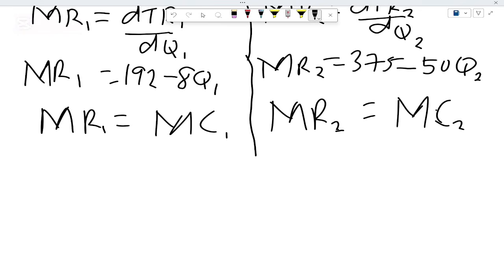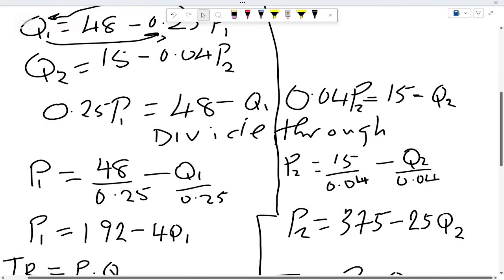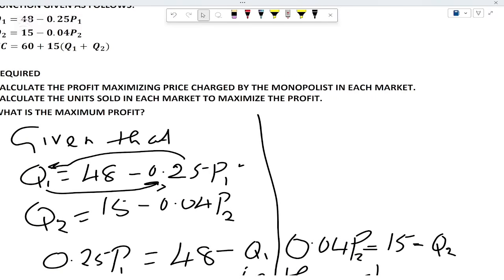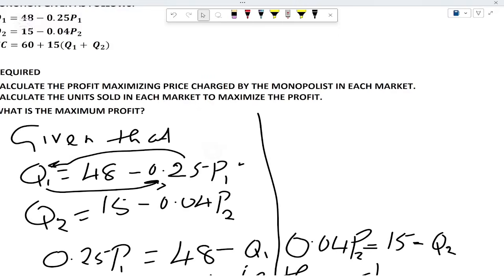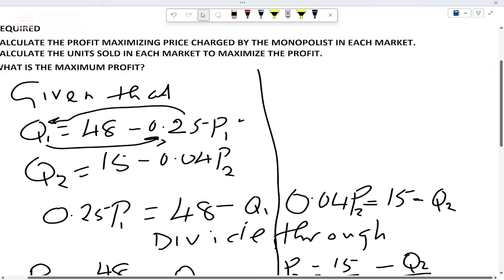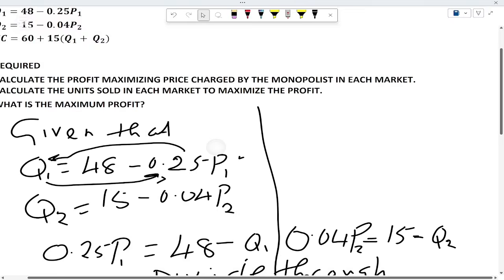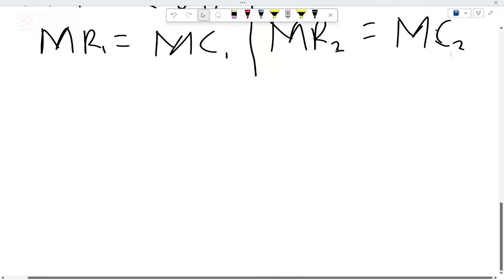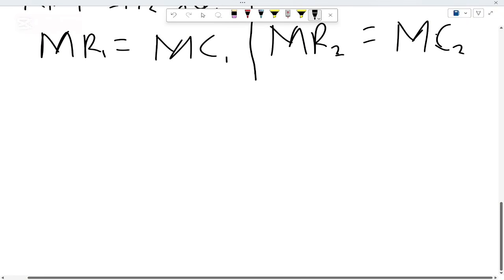You will recall that the cost function was given as 60 plus 15 Q. Here the Q will be Q1 plus Q2. So you proceed to obtaining the MC1.